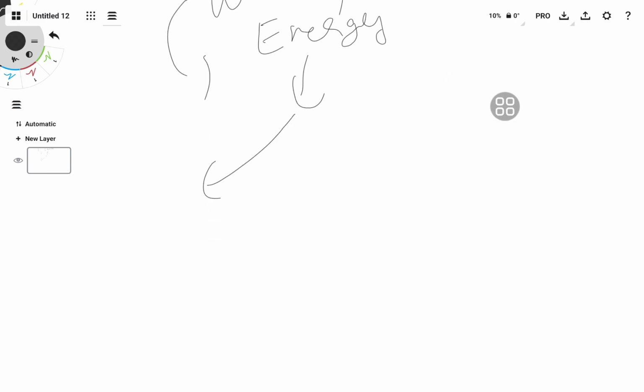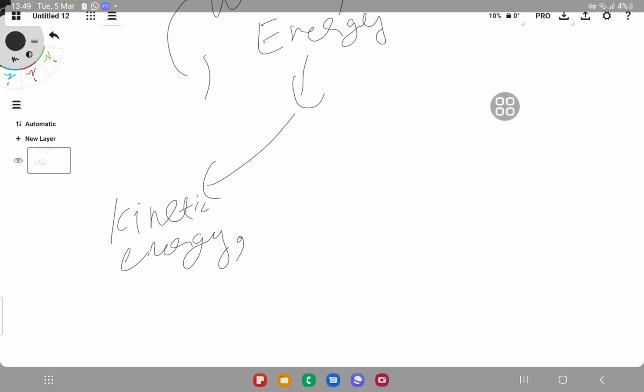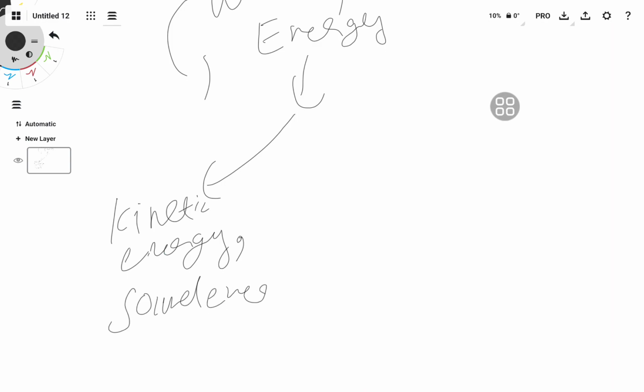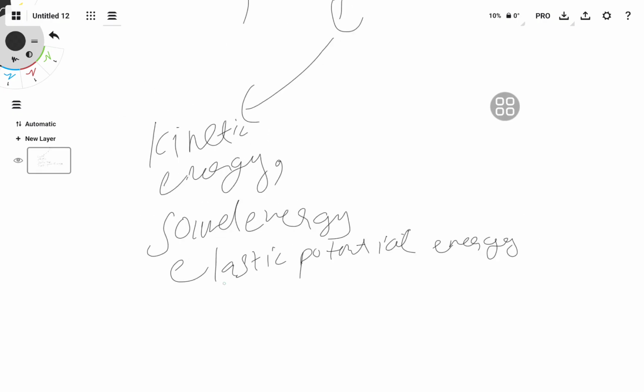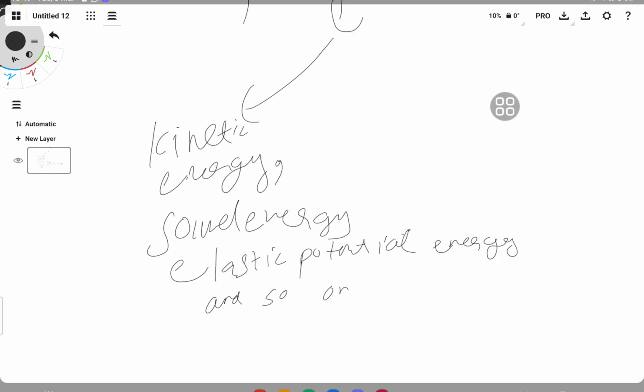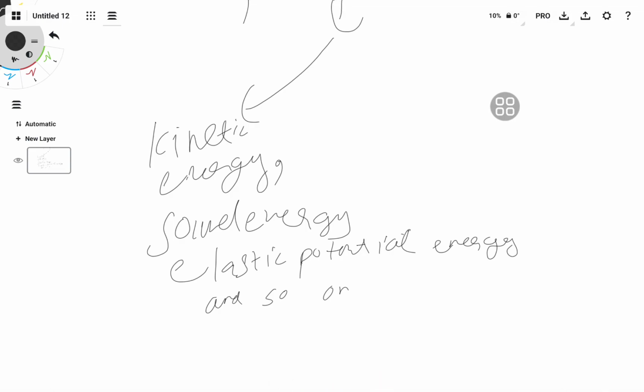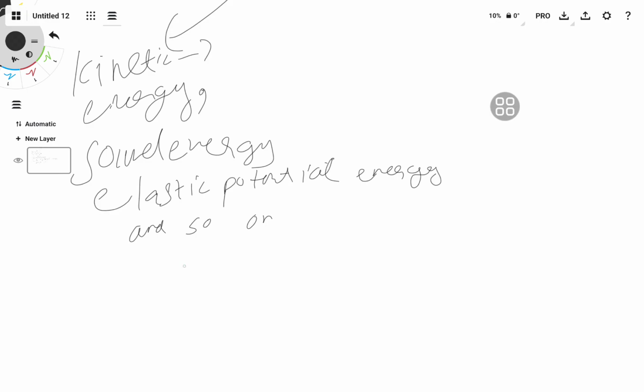There are forms of energy: kinetic energy, sound energy, elastic potential energy, which we have already studied, and the kinetic energy we also discussed a bit in momentum, and gravitational potential energy.